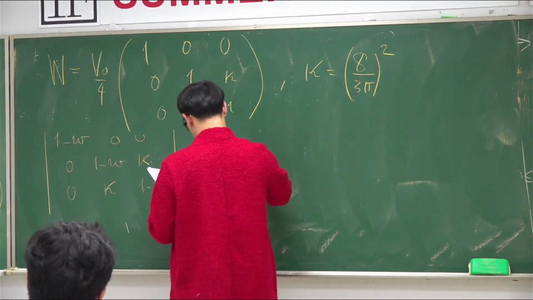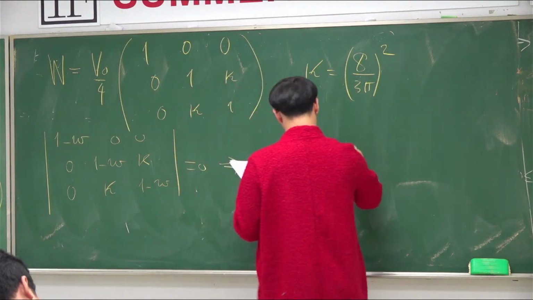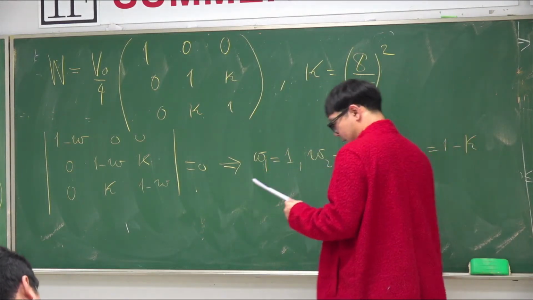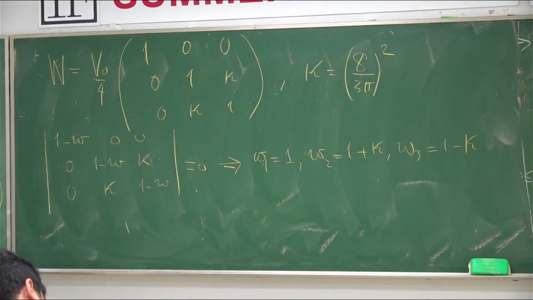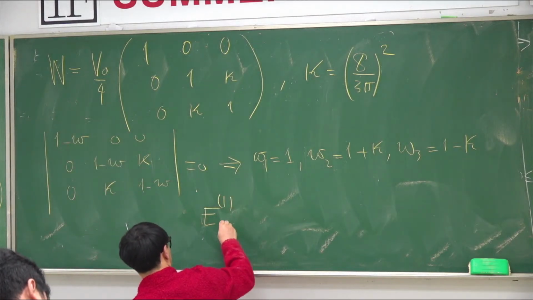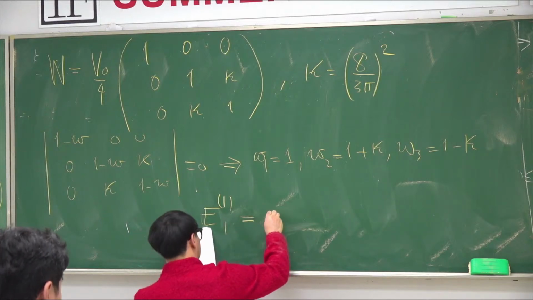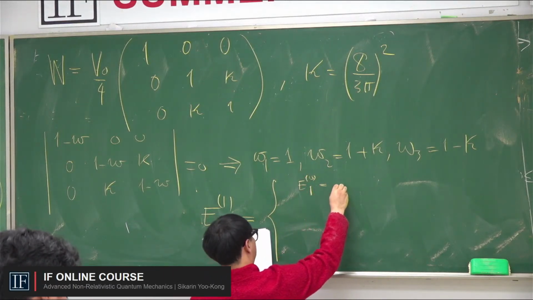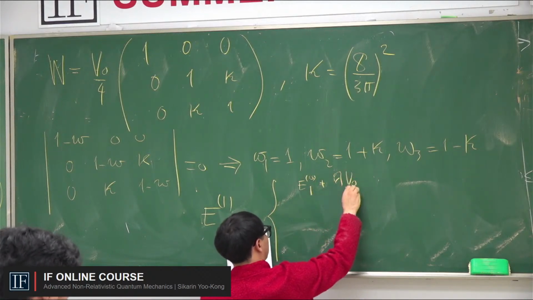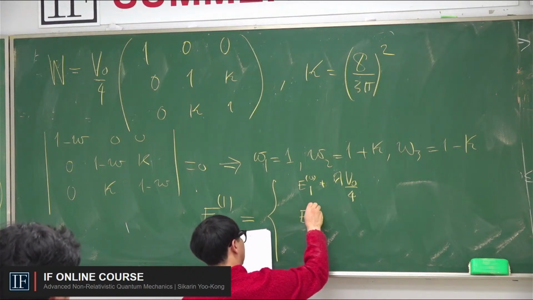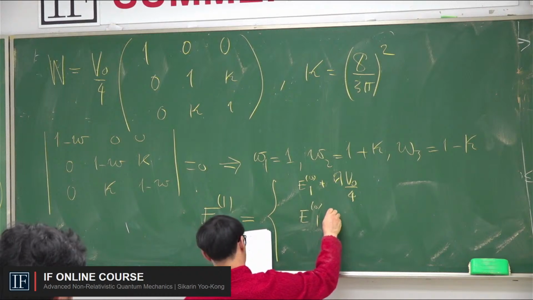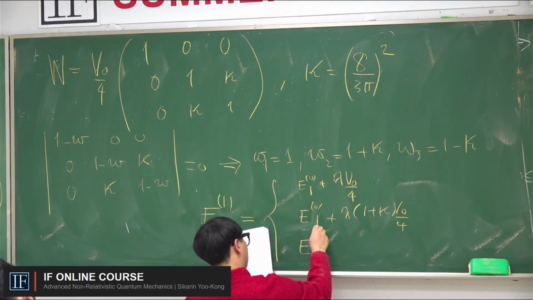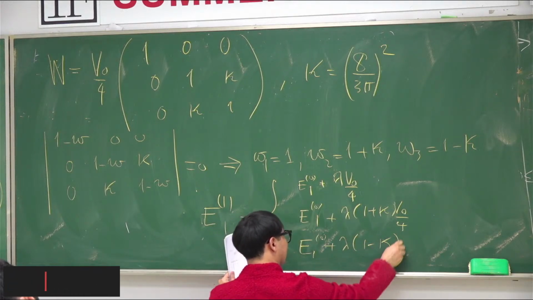And then you find that the eigenvalues in this case are this one: lambda, 0, and minus kappa.